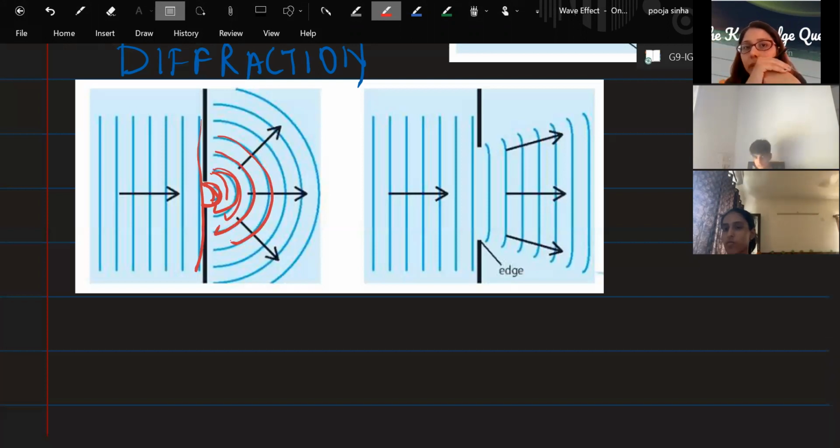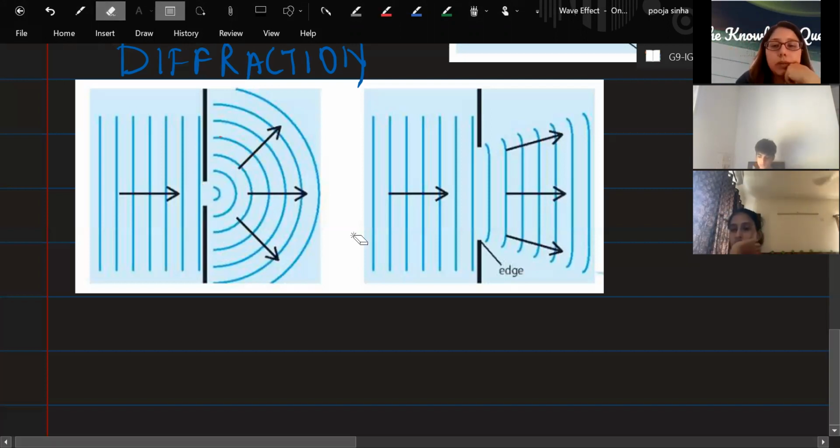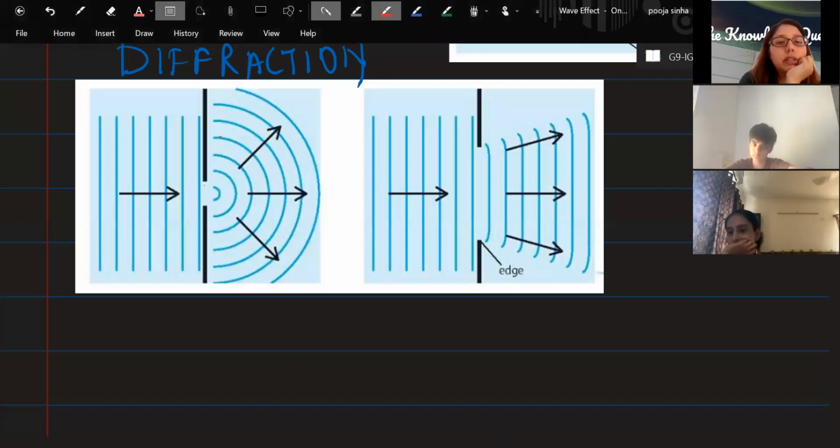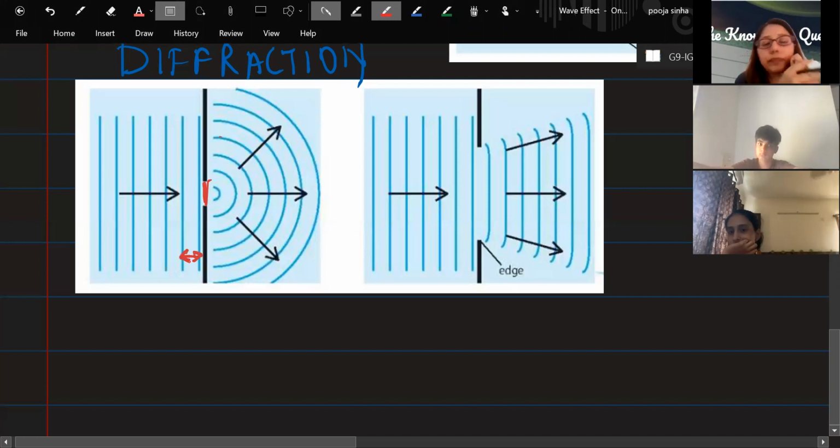Did you understand? But do you see that there is a difference here? Can you tell me what the difference is? The smaller the gap, the more curved the wave is. If you observe the length of the gap, this is a very important point and you will get a lot of questions on this. This gap is approximately the same as one wavelength.